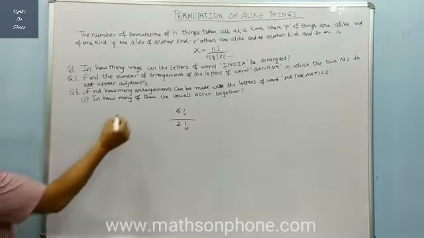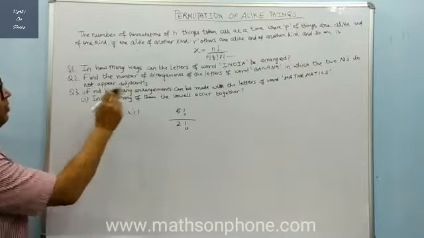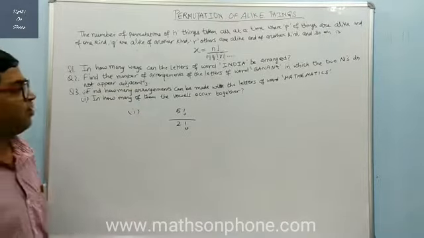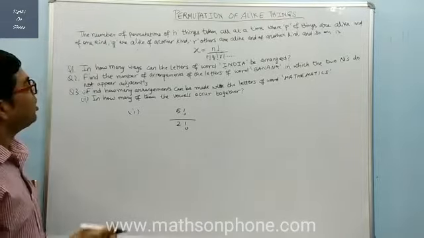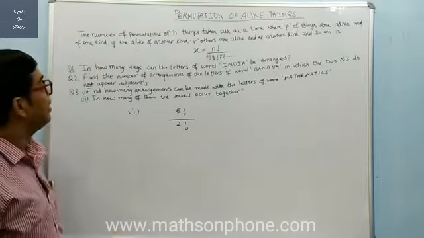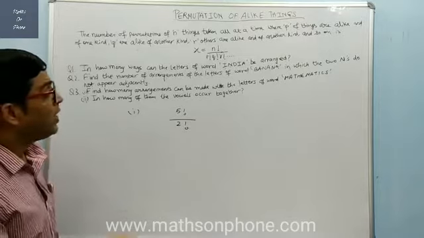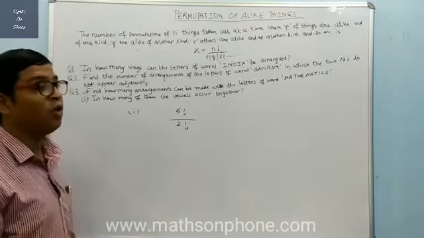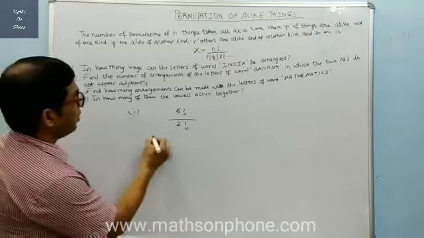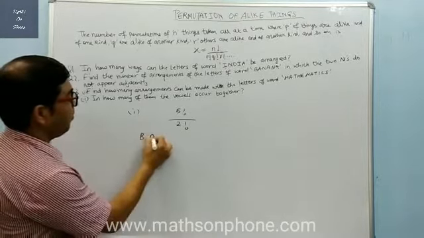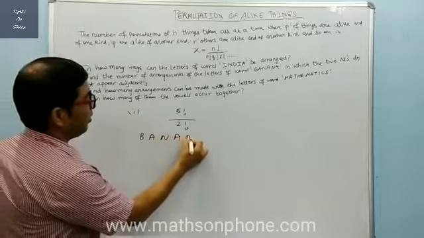Now come to question number 2. Find the number of arrangement of the letters of word banana in which 2 n's do not appear adjacent to each other. What does this mean? We have to follow the gap up method we have discussed earlier. See, firstly you write banana.